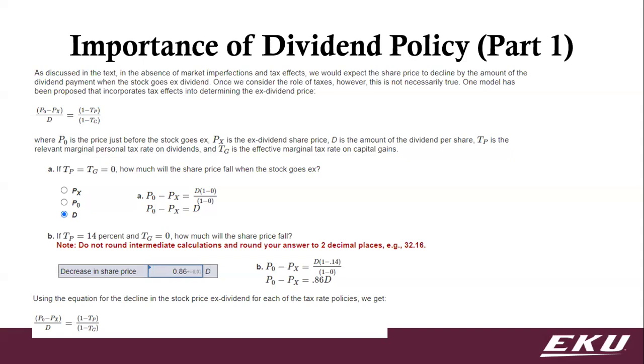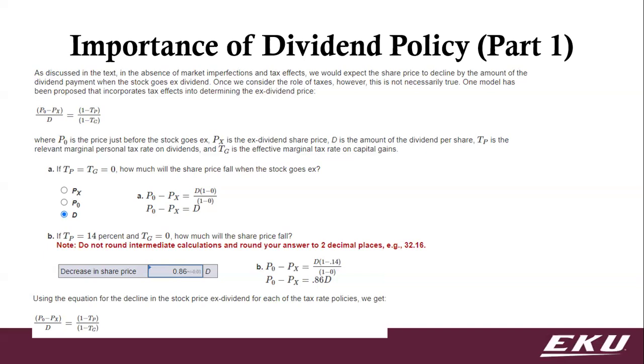Okay, and this one, there's going to be four parts to this problem, but we're looking at dividend policy. One of the models that they use in determining this ex-dividend price, once we start having taxes, is (P0 minus PX) over D equals (1 minus T sub P) divided by (1 minus T sub G). P0 is the price before ex-dividend, and PX is the ex-dividend price.